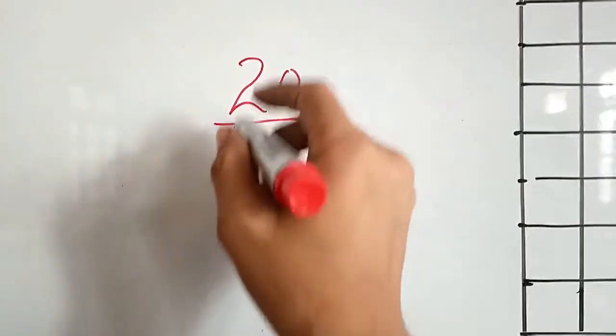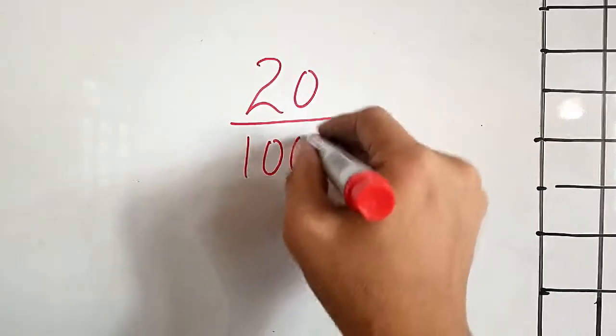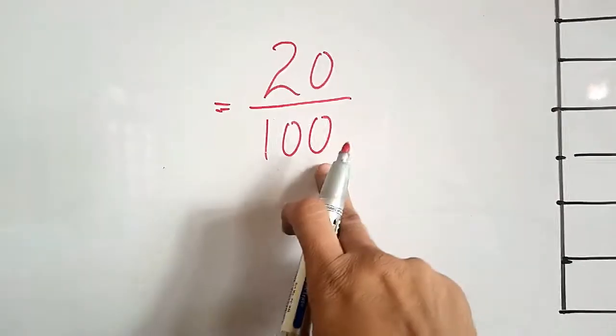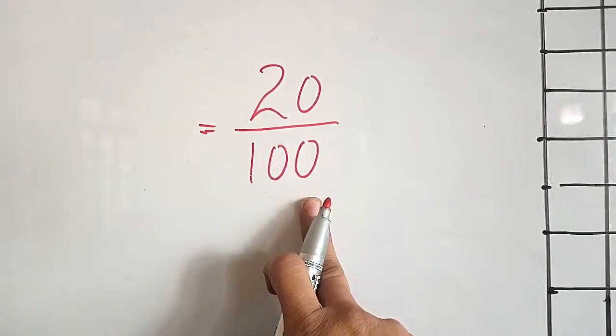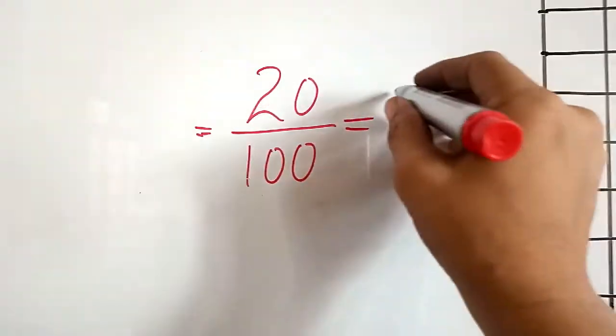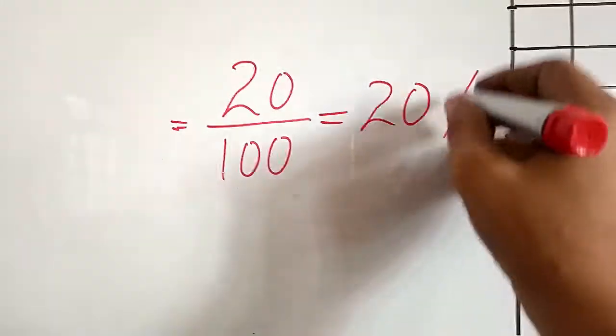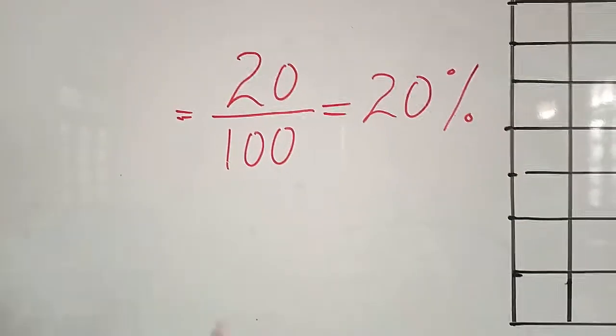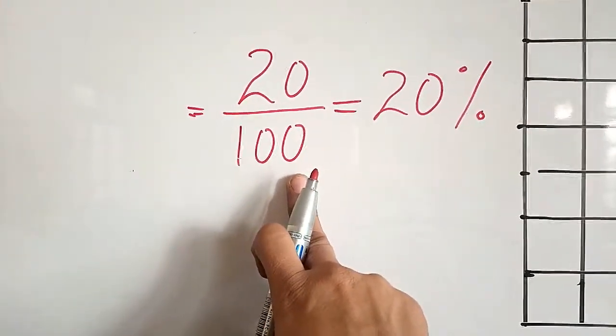Out of 100, 20 are shaded or colored, and if you are having 100 in the denominator, then simply you will write it is 20%. Whenever you are finding the percentage, there should be 100 in the denominator.